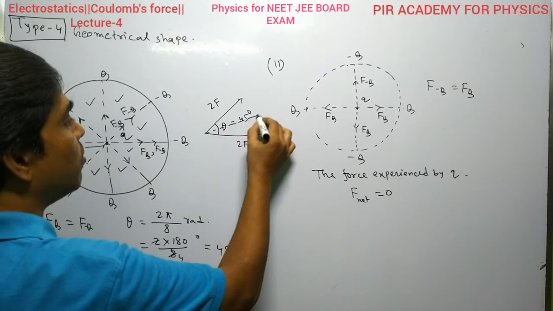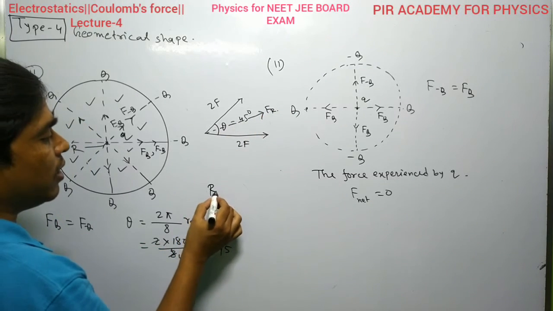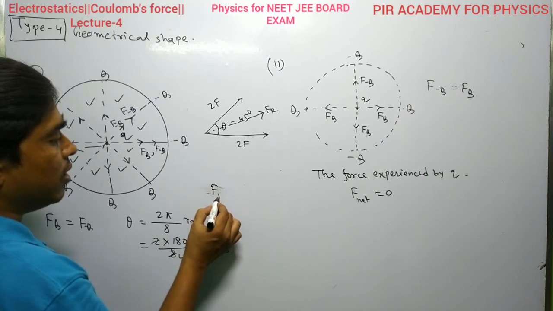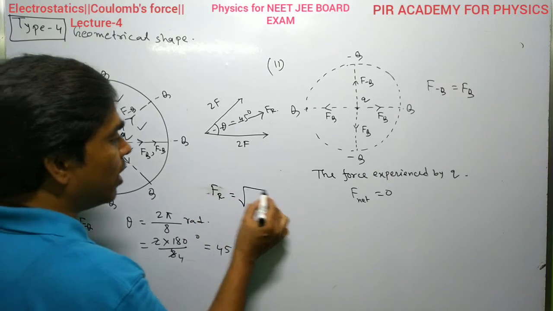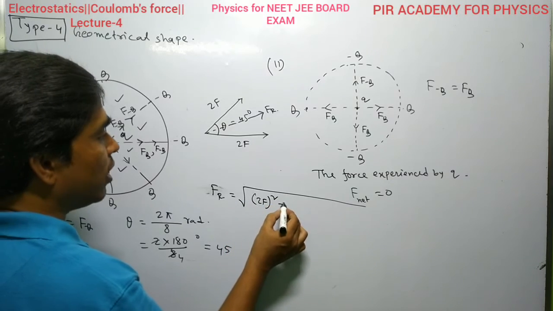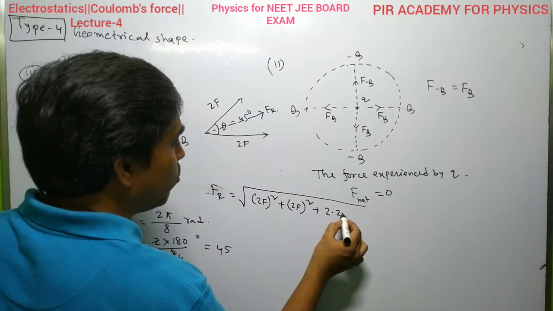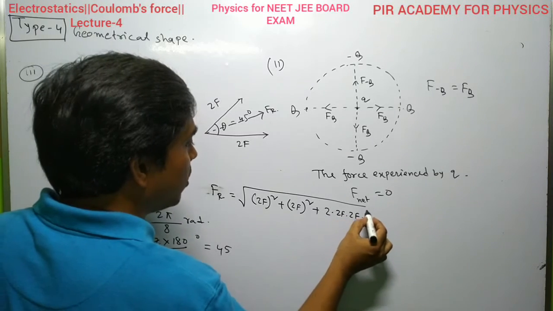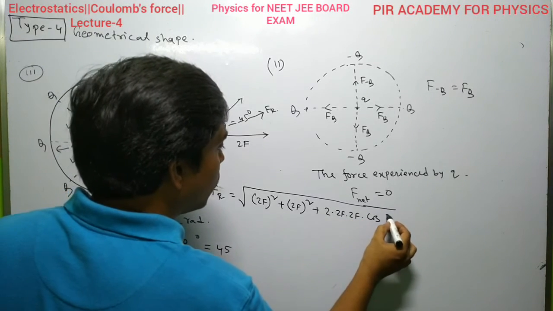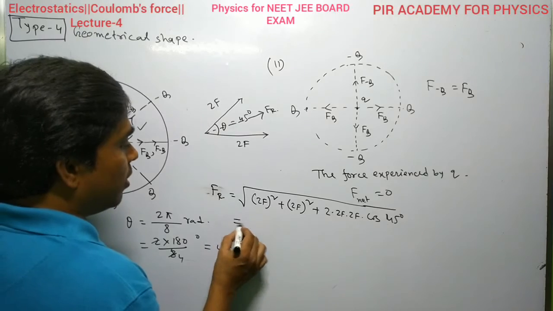So you have to find the resultant force, F resultant. F resultant will be root over 2F whole square plus 2F whole square plus 2 into 2F into 2F into cos 45 degrees. This is the equation of the resultant force.